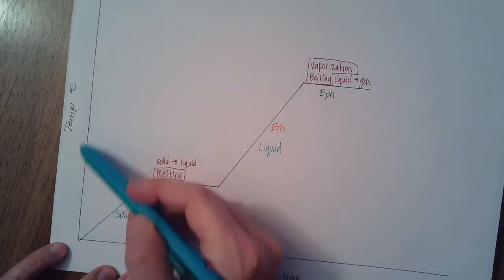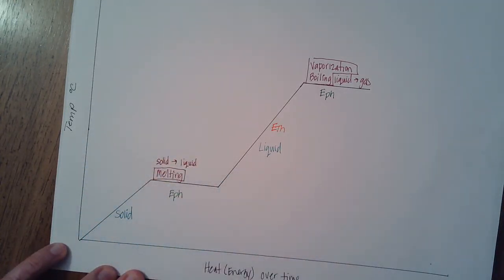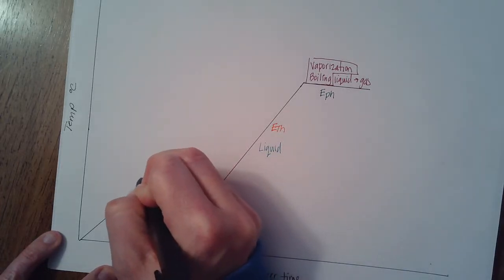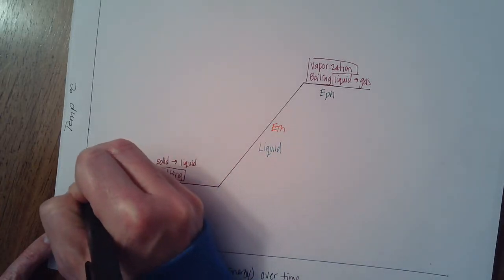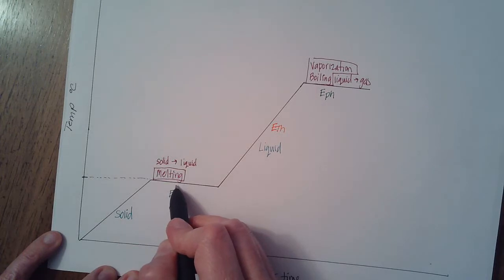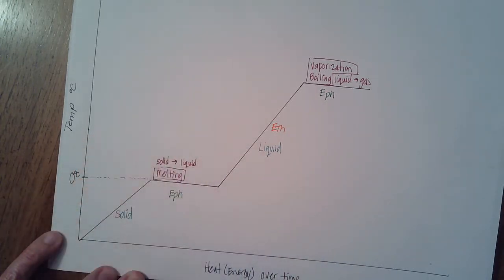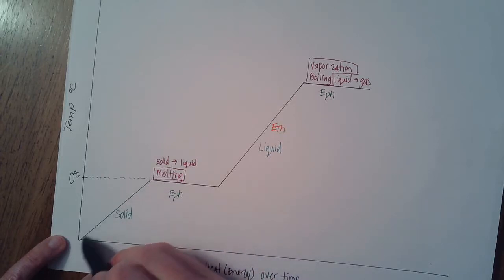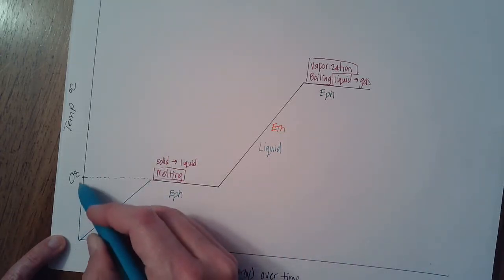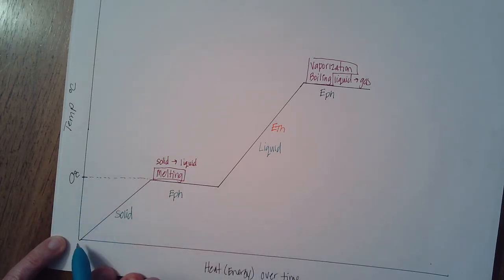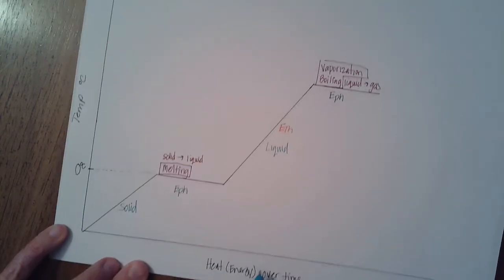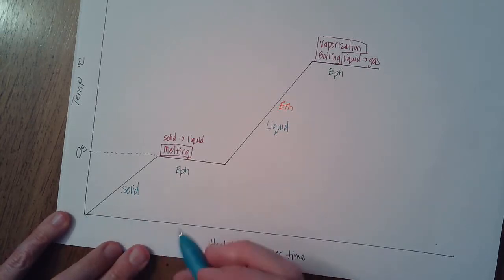If this is our temperature right here, since this is melting and it's water, this is going to be 0 degrees Celsius, because it's melting with water. Anything below 0, it's a solid. And you notice that the temperature is changing right here, and heat is still being added over time.